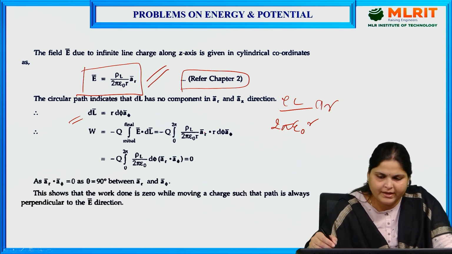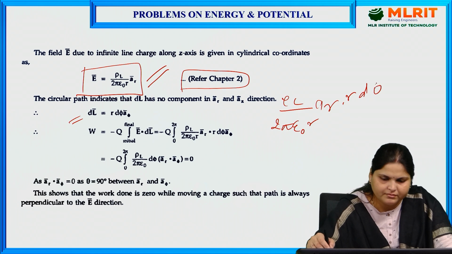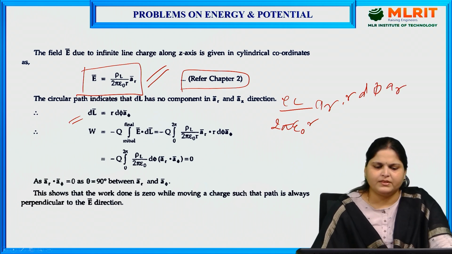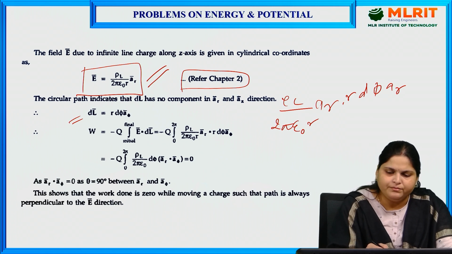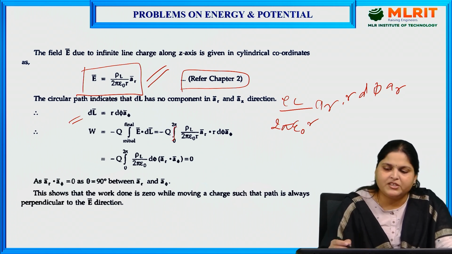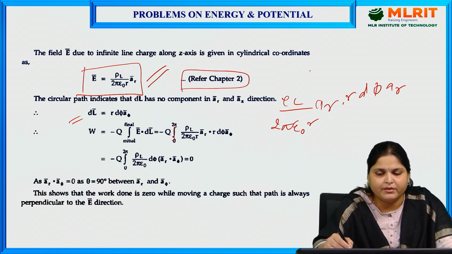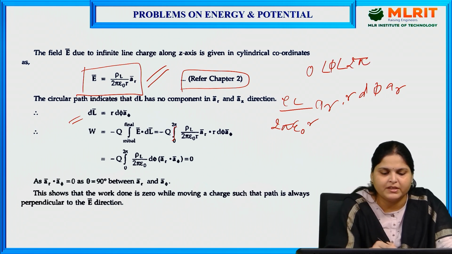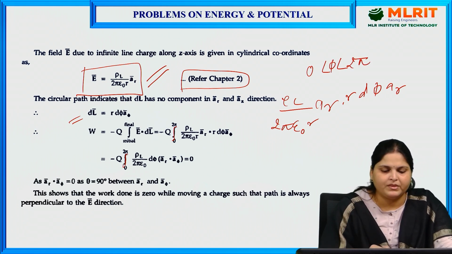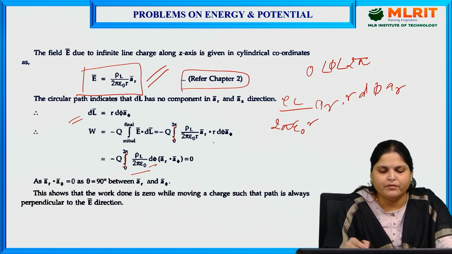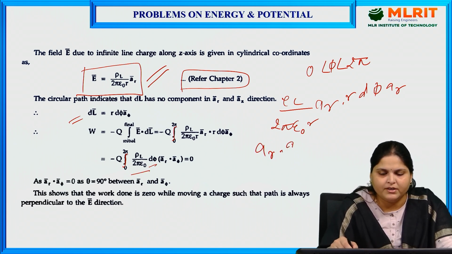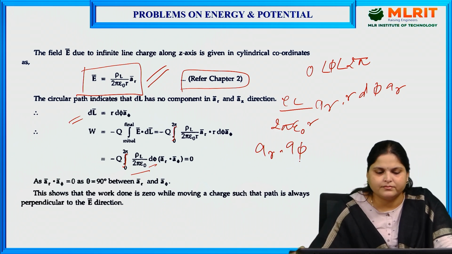And here we have dot r d phi a phi. Because the integration is with respect to phi, and we know the limit of phi is from 0 to 2 pi, we can put the limit as 0 to 2 pi. Then rho l upon 2 pi epsilon naught d phi. Now here we have the dot product, a r dot a phi.